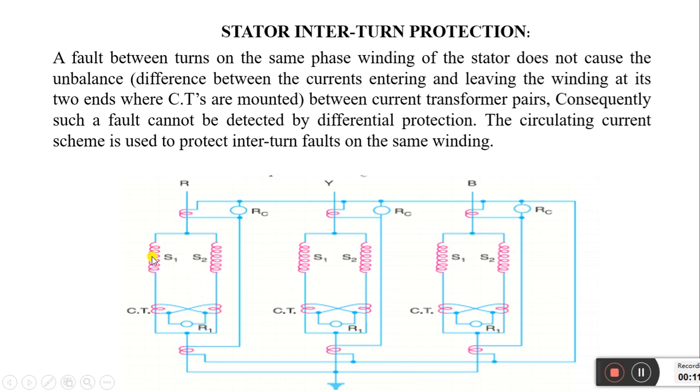But if there is a stator internal fault, the current flowing through the winding S1 and S2 will become unbalanced. So the difference of current will be flowing through the secondary of the CT, and this difference current will also flow through relay R1. So the relay R1 gets operated and it will detect the fault and protect the stator winding.